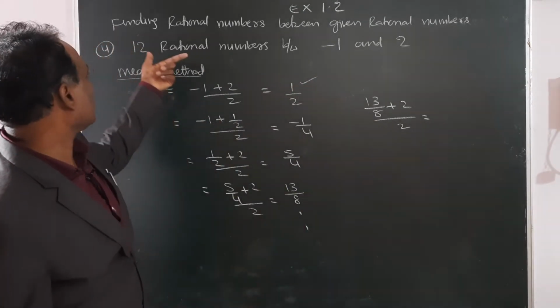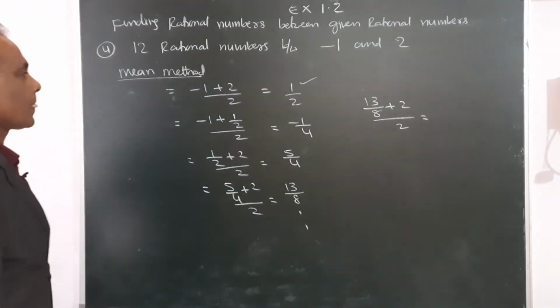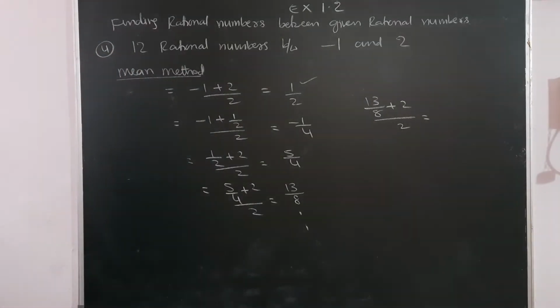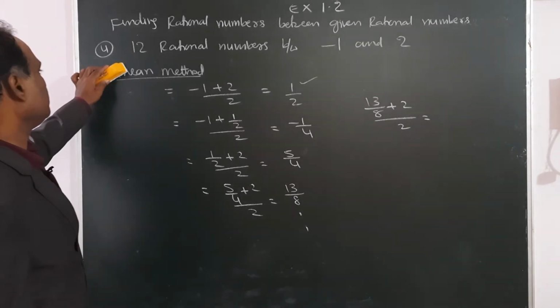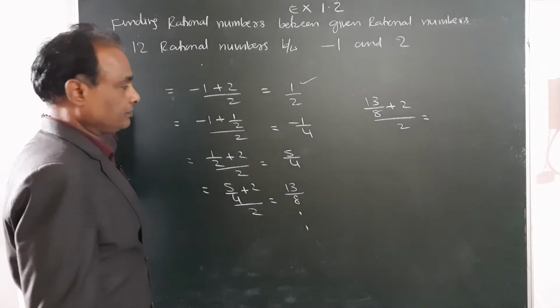If you are asked to write 12 numbers, do it for 12 times. The second method is convenient here.